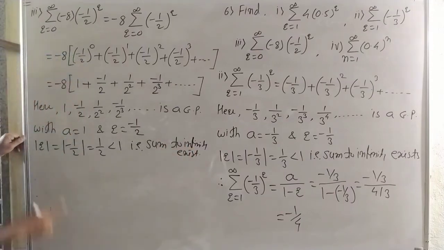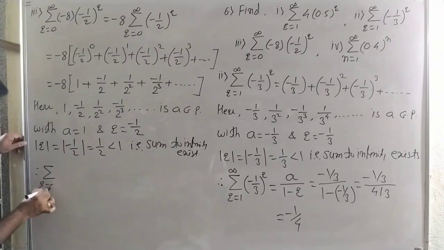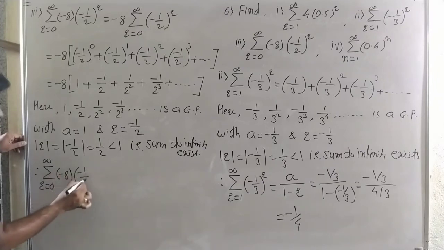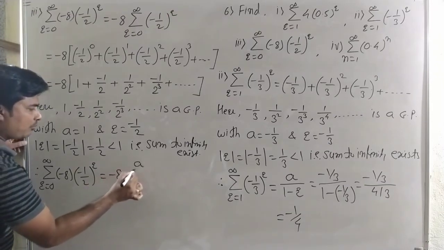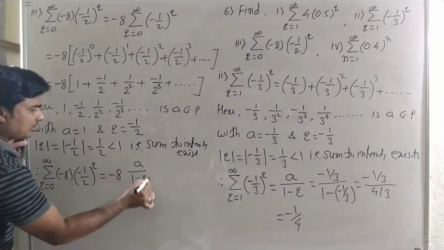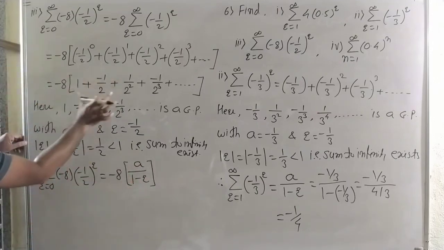Okay, here therefore we can write this sum r is equal to 0 to infinity minus 8 into minus 1 by 2 to the power r is equal to minus 8 into, see carefully, a upon 1 minus r. It is a sum, this minus 8 into this.